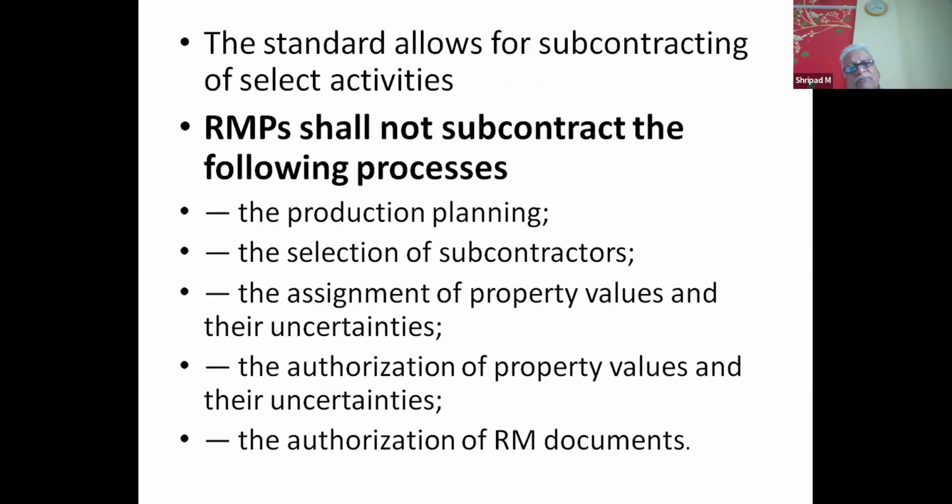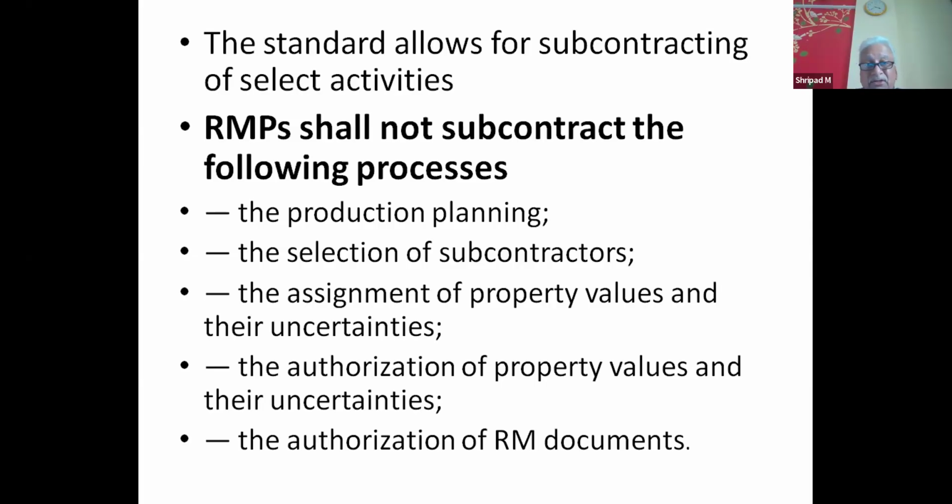The standard, as discussed just now, allows for subcontracting of selected activities. But let us understand first that the RMP shall not subcontract the below activities. There are a few activities that we cannot subcontract to a subcontractor or external provider.